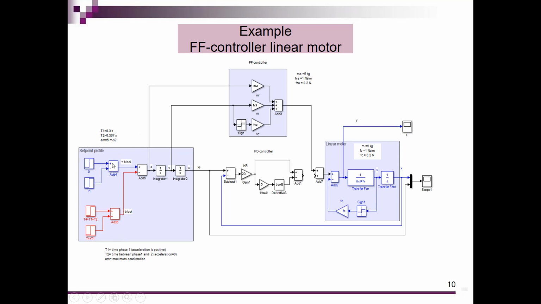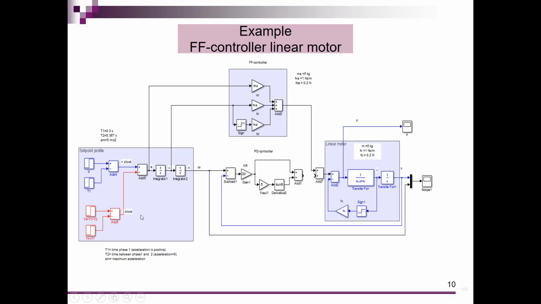So with a constant acceleration, a zero acceleration, and a constant deceleration over here. And when I integrate it once, I get my speed set point, which will be connected to my feed-forward controller over here. And when I integrate it once again, I have my position set point, which will be the input of my feedback system. And in that feedback system, I have implemented a PD controller with a proportional part over here and the derivative part over here.